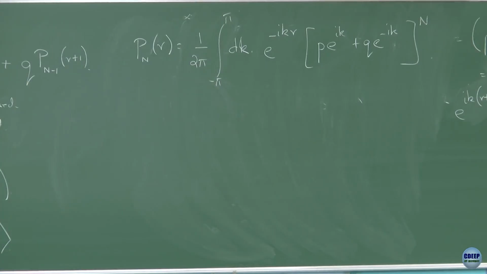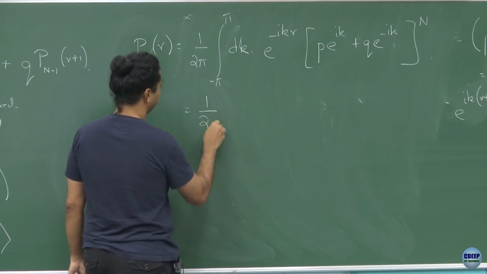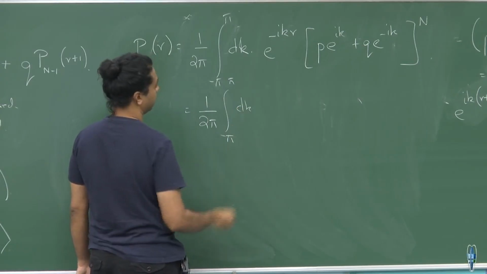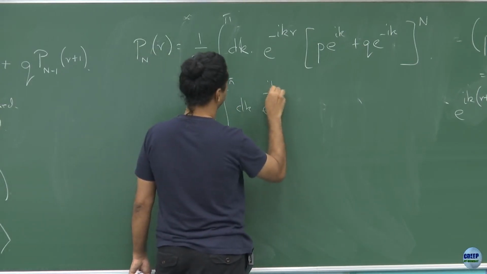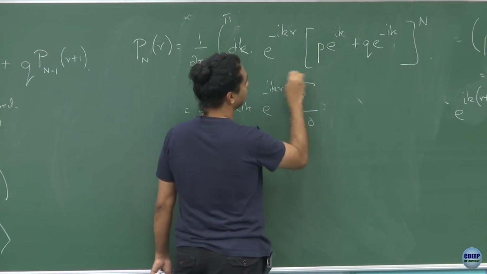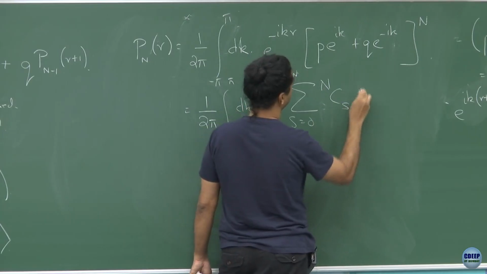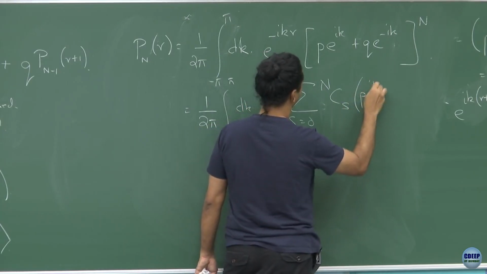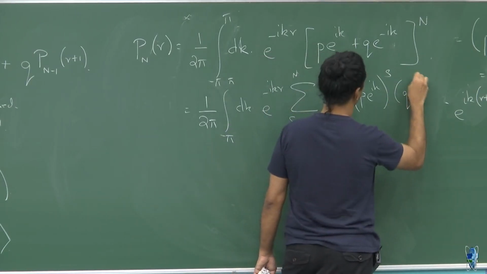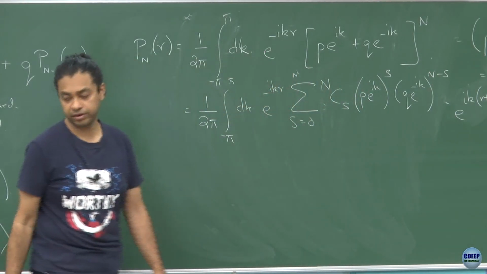And I can now expand this. So I write 1 over 2 pi, minus pi to pi, dk e to the power of minus ikr, sum over s equal to 0 to n, nCs (p e to the power of ik) to the power of s (q e to the power of minus ik) to the power of n minus s, right.